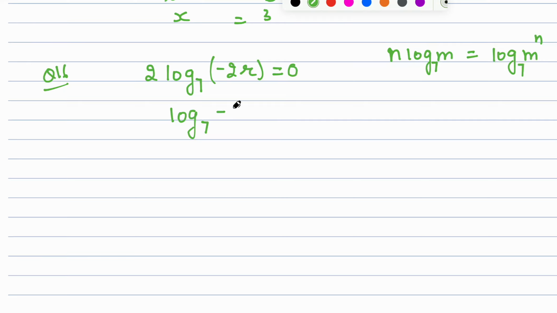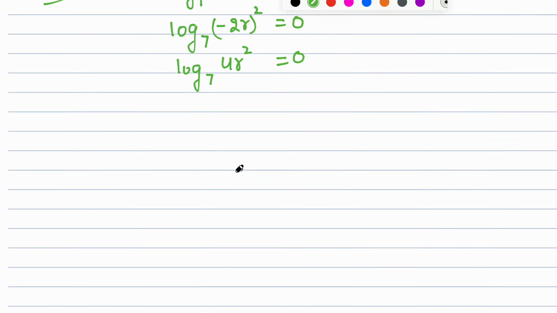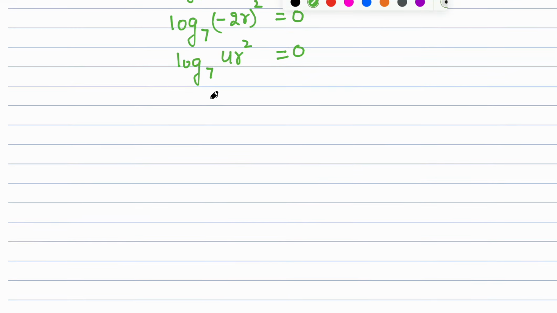Log base 7 of (-2r) whole squared is equal to 0, right? So log base 7 of 4r squared is equal to 0. Now I cannot solve this directly, it's not that easy, but we have the inverse function: 7 to the power 0 is equal to 4r squared.